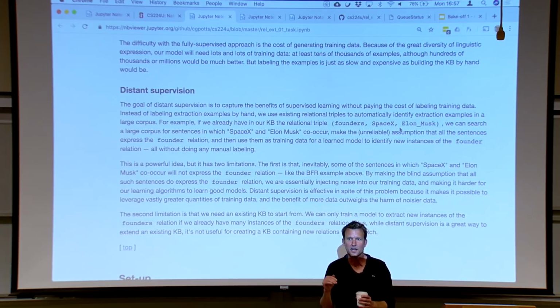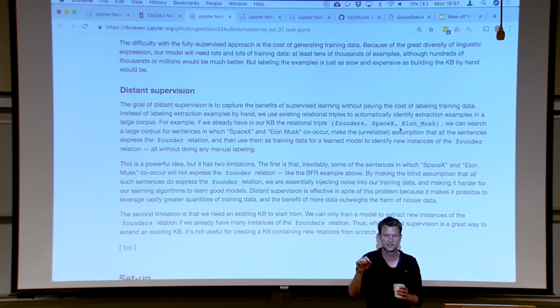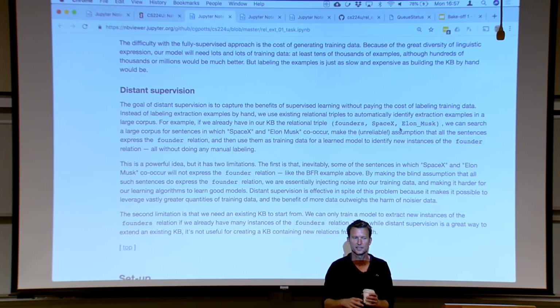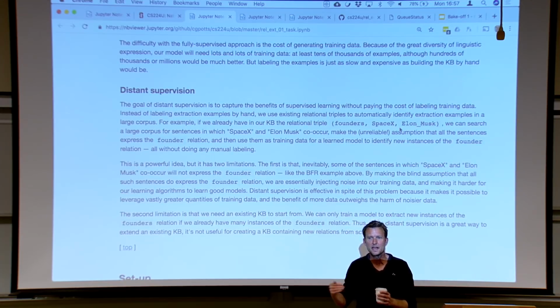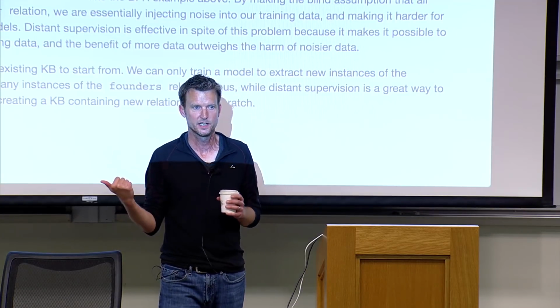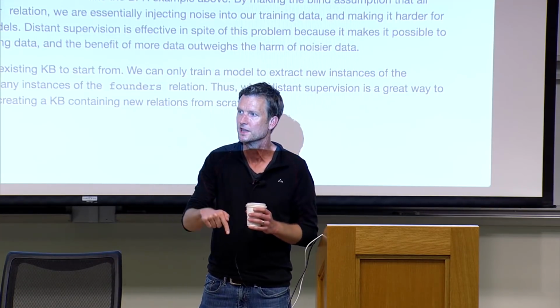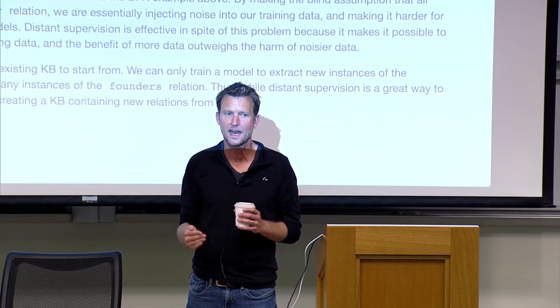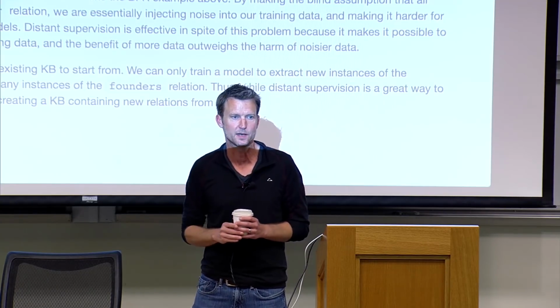And we effectively label each entity pair, each example in a sentence with that relation label. So it's a way of using this external data source, the knowledge base, to generate labels in the corpus rather than having to manually label all of the examples in the corpus.